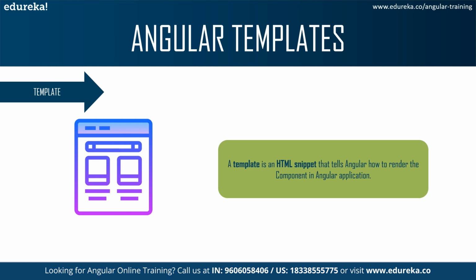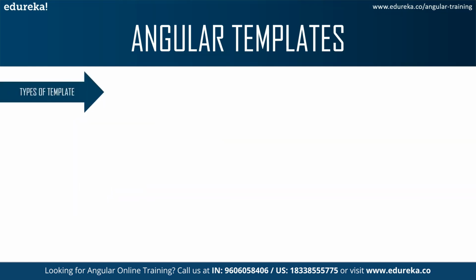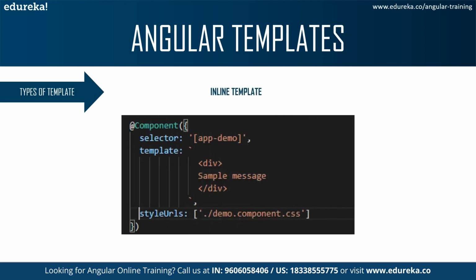Now, there are different ways that you can create your template. The first thing is the inline template. As we have already mentioned a little bit, an inline template is something that has been called right in our template tag itself. This is done in the decorator of the component itself.